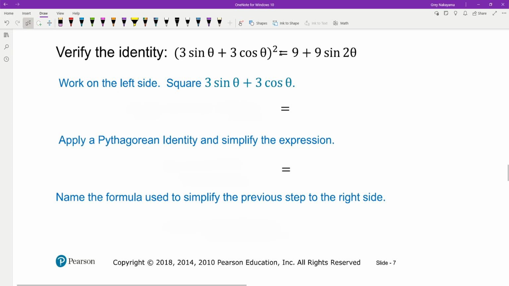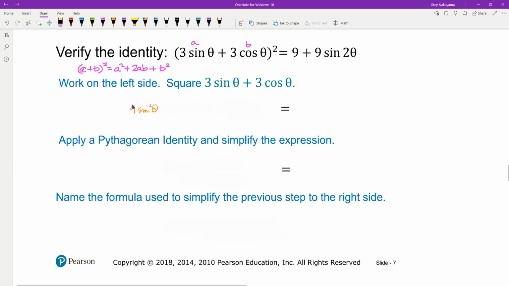Same thing I've been talking to you about over and over again, and that is that A plus B quantity squared equals A squared plus 2AB plus B squared. So here's my A, and here's my B. So I'm going to square A, and when I do, that's going to give me, hope y'all know, square the 3 and square the sine.